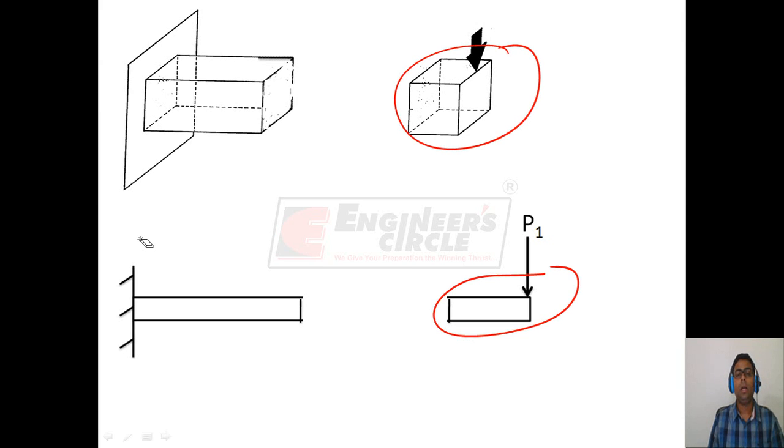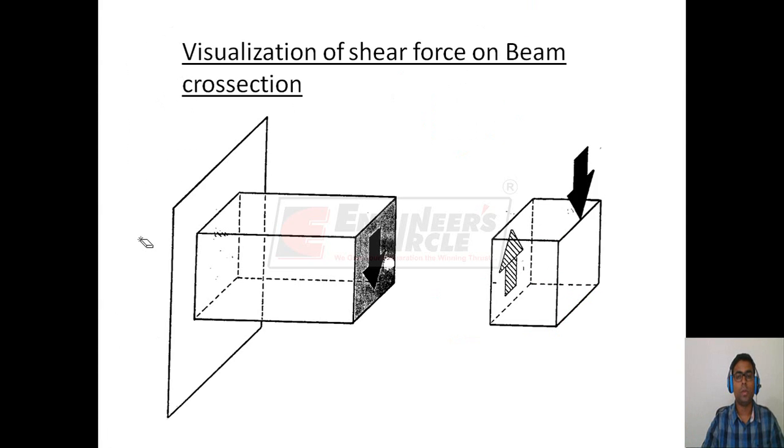To maintain the equilibrium, internal forces will be acting on this cross section. There are 2 types of internal forces that will be acting on this cross section to balance the applied load P1. The first one is a shear force.